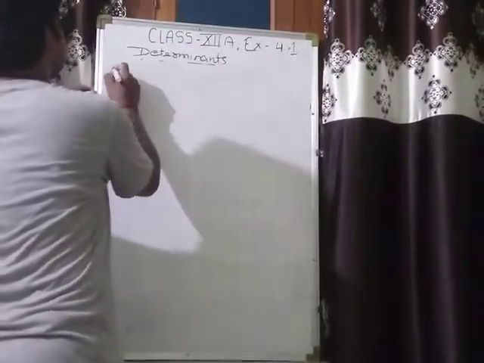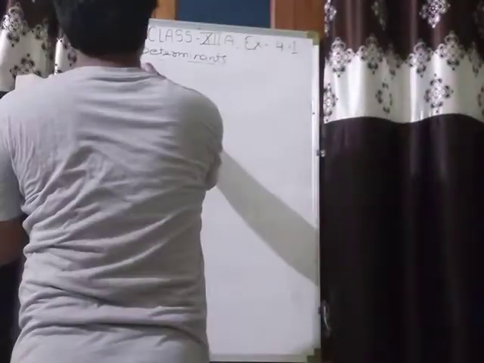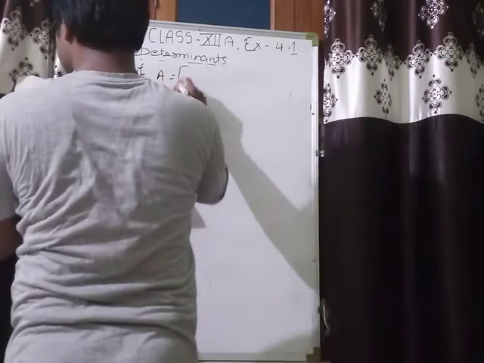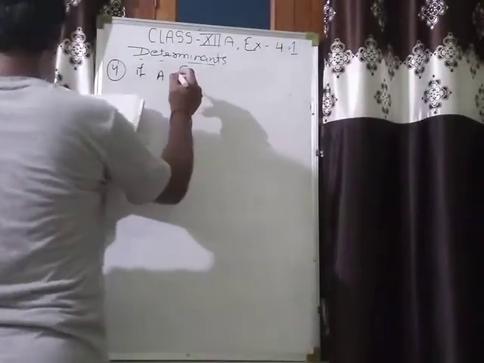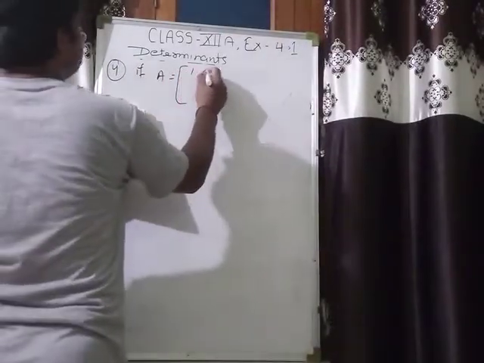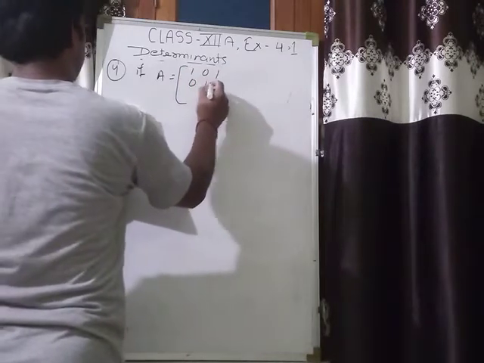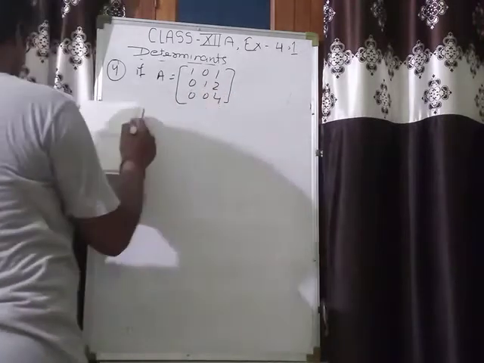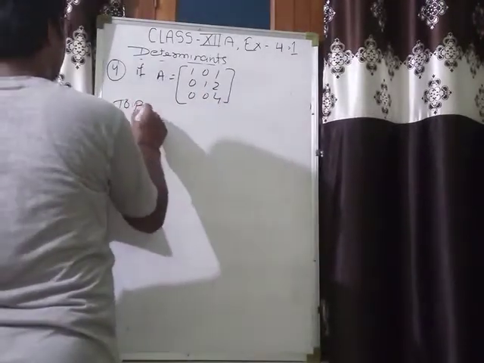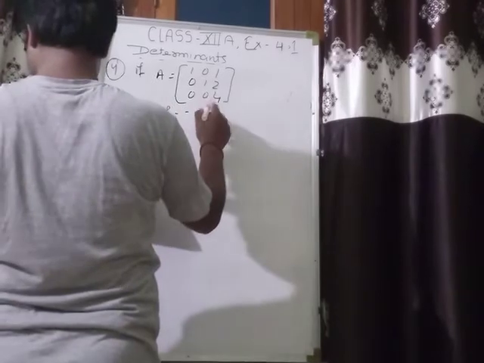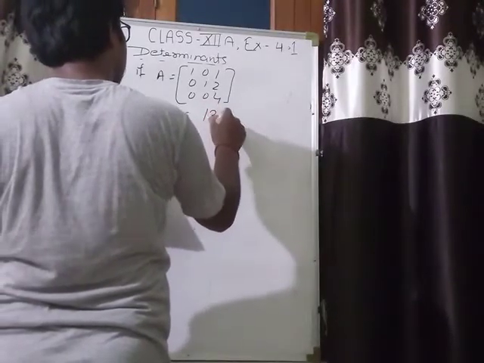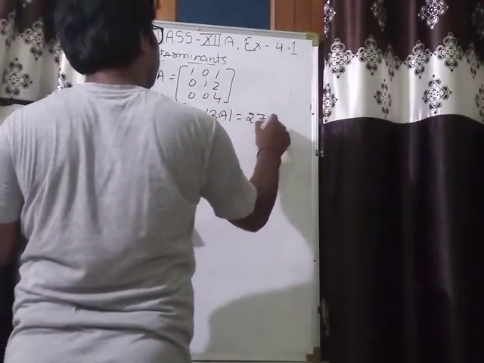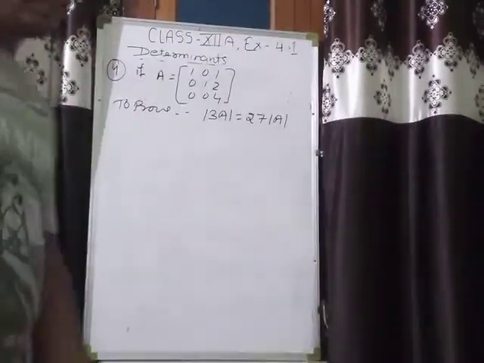Question number 4 is, A is a square matrix of order 3, that is [1 0 1; 0 1 2; 0 0 4]. And we have to prove that determinant of 3A is equal to 27 determinant of A.